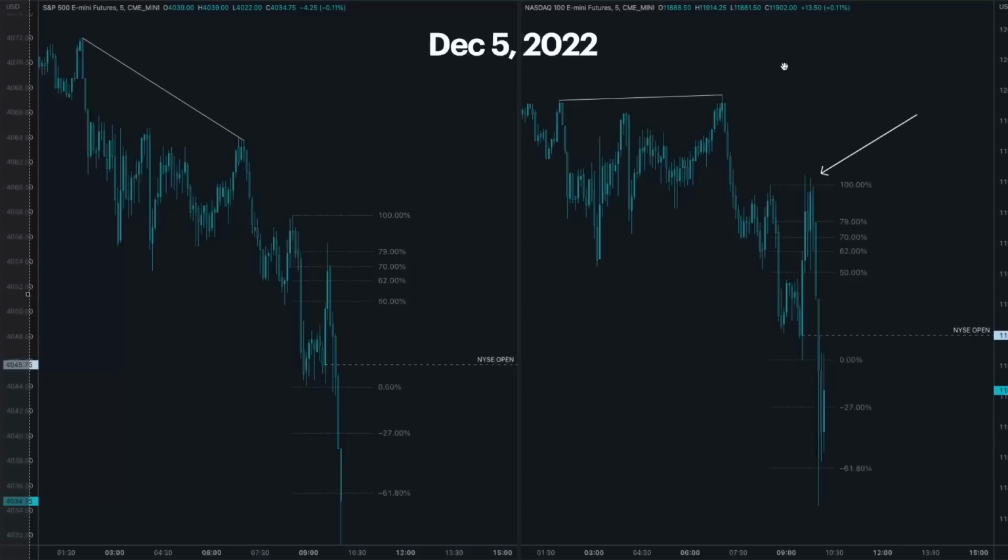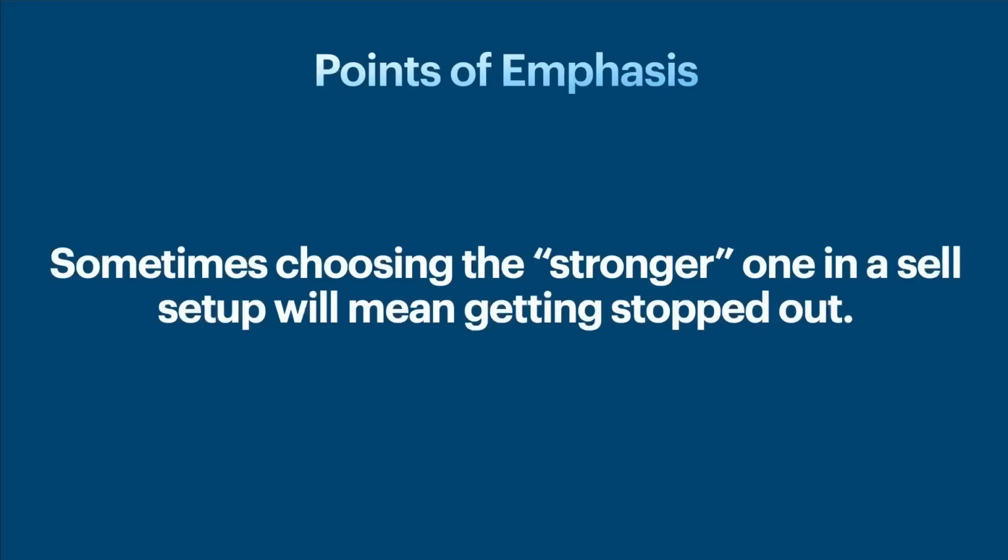It's just to show you that sometimes if you take the one that has the liquidity grab before 9:30, you might see that it's so strong that it goes through maybe your entry or to your stop and does another run, another higher high, basically between these highs right here. And the weaker one goes right to your entry and then straight to target. That's just something to consider. So in this example, the point is sometimes choosing the stronger one in a sell setup will mean getting stopped out. So that's just something to be aware of there.